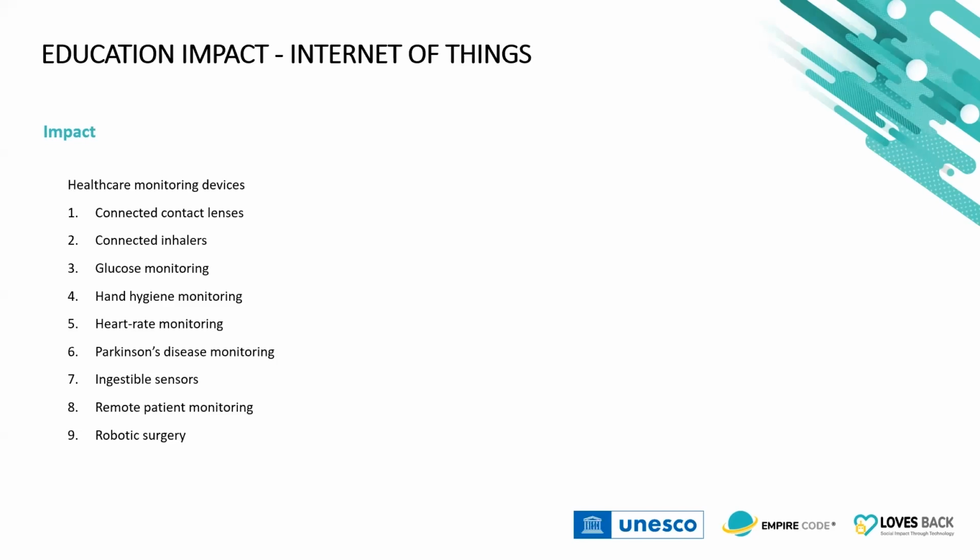Algorithms may be used to analyze the data in order to recommend treatments or generate alerts. However, a major challenge with remote patient monitoring devices is ensuring that the highly personal data that these IoT devices collect is secure and private.